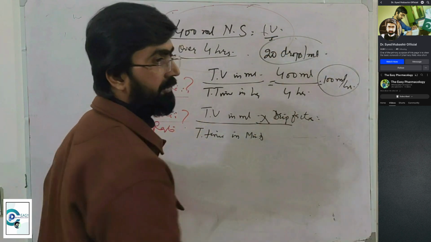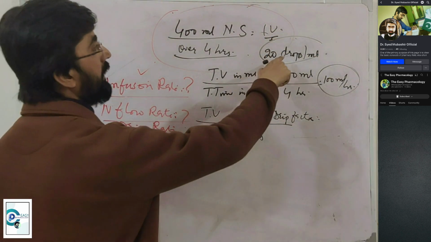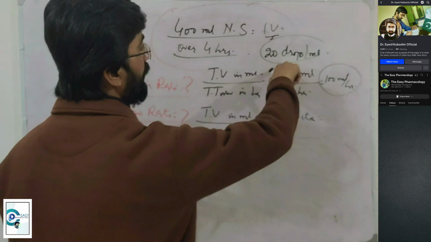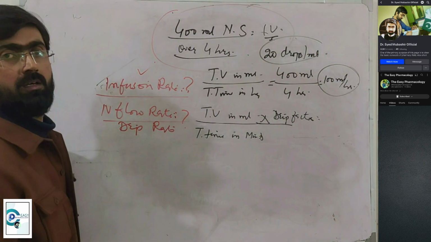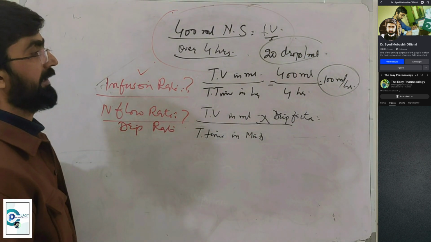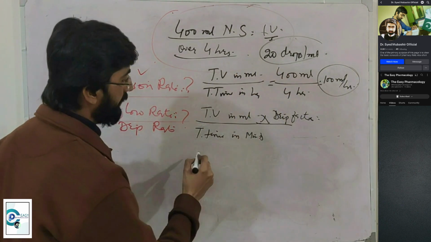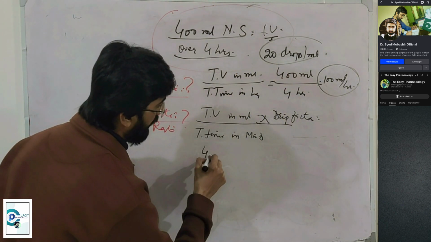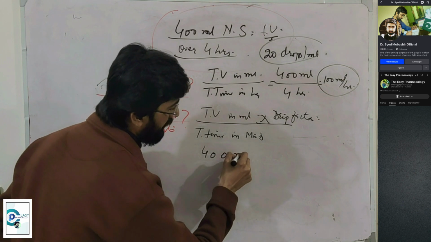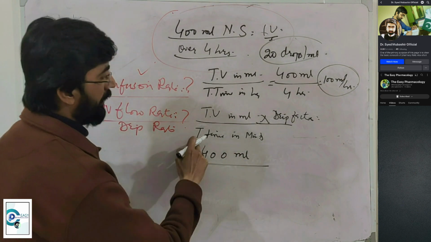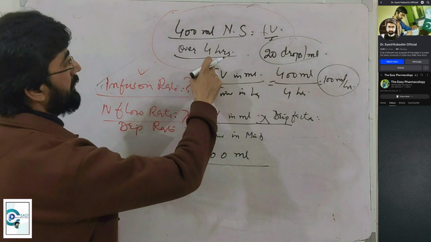This is the unit of drip factor. Now put the values. Total volume in ml is 400 ml. Total time in minutes: this is 4 hours.